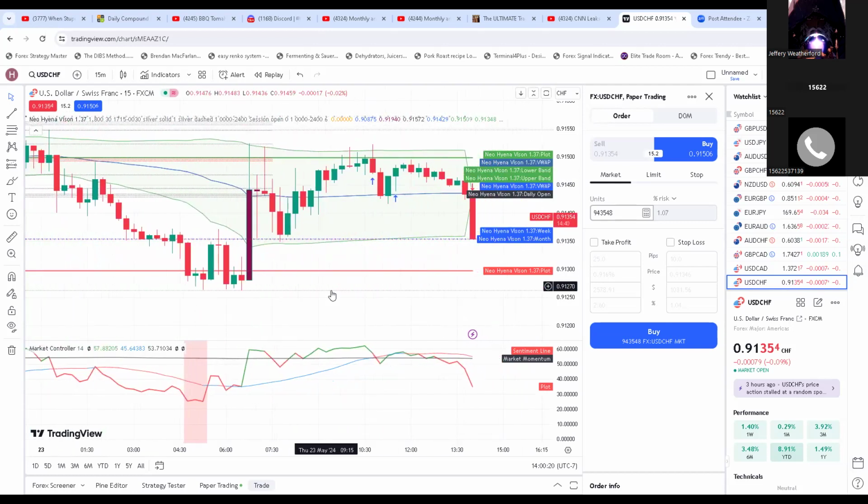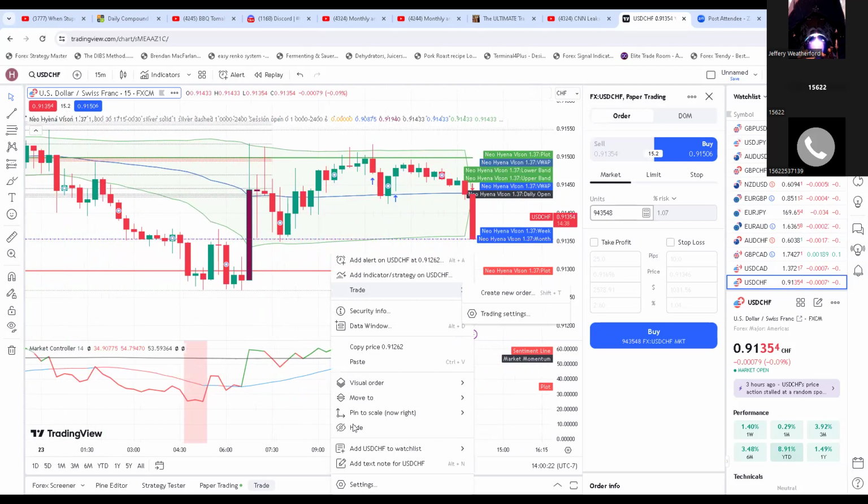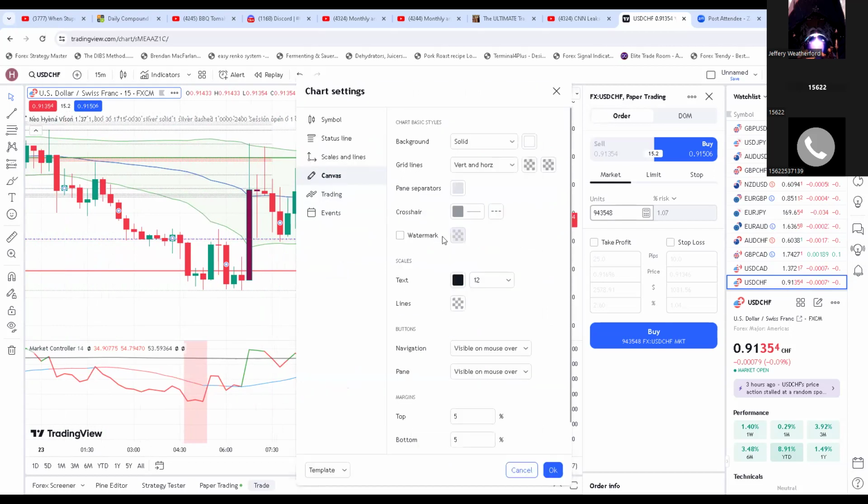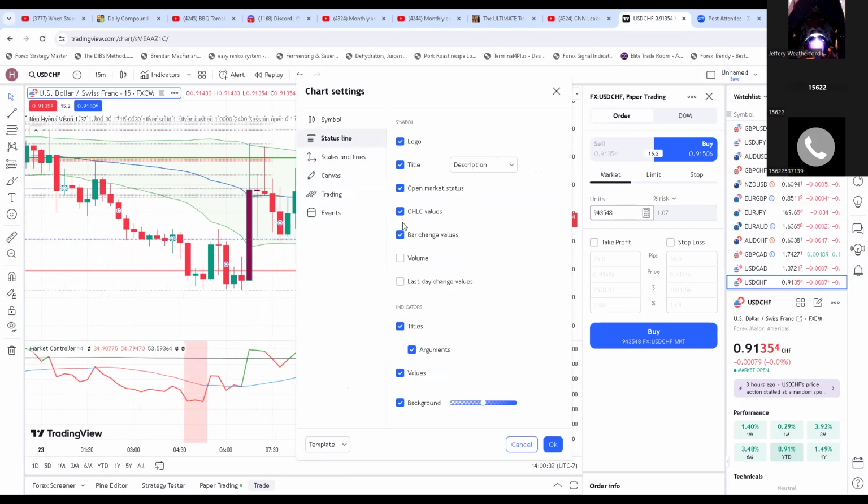Yeah, and let me actually, I see that it didn't save. What I was doing with the canvas for you, take off the watermark, status line, arguments, values.